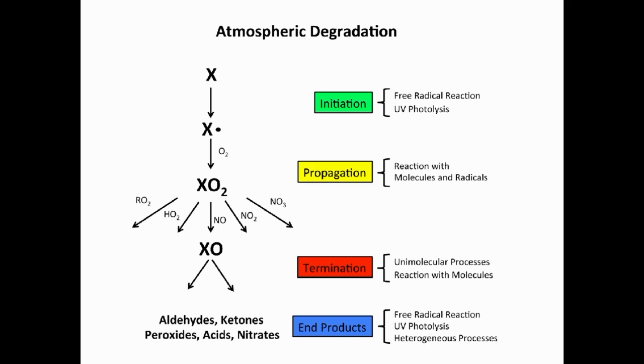Do you know what chain length is? Chain length is how many times it goes round the reaction chain. And it can go round and round this reaction chain when the NO is higher many, many more times than when it's low. Because otherwise, the HO2 can react with itself and it will terminate the chain.